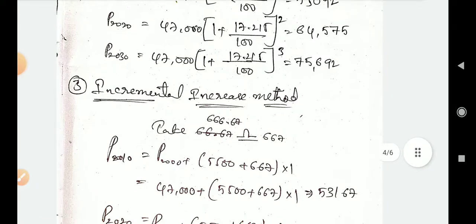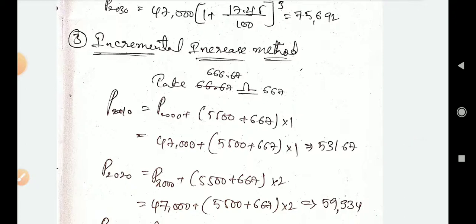And the third formula is the incremental increase method.